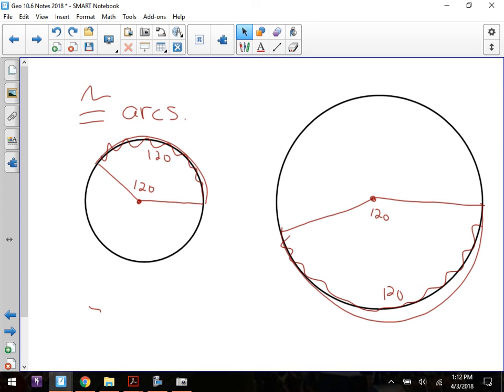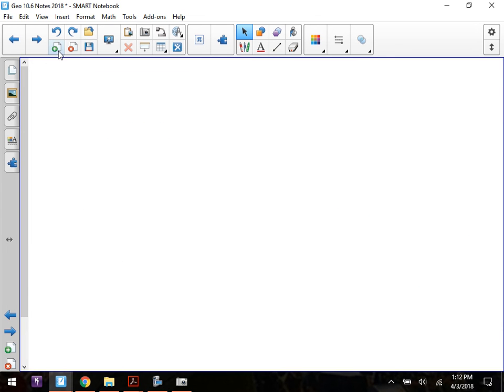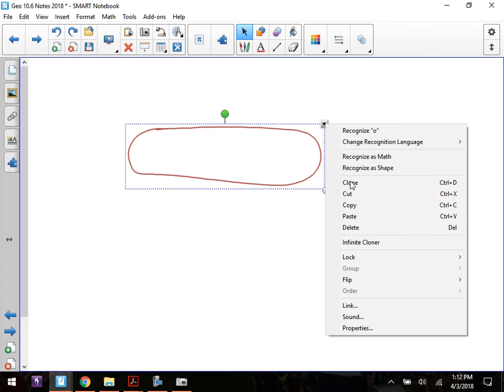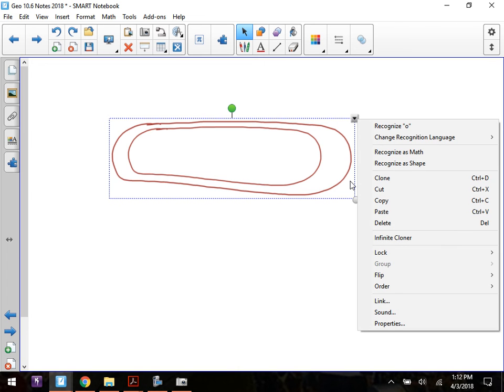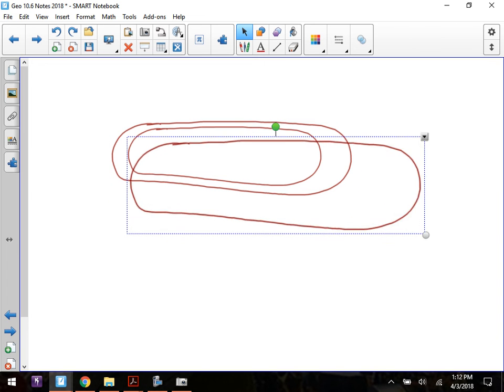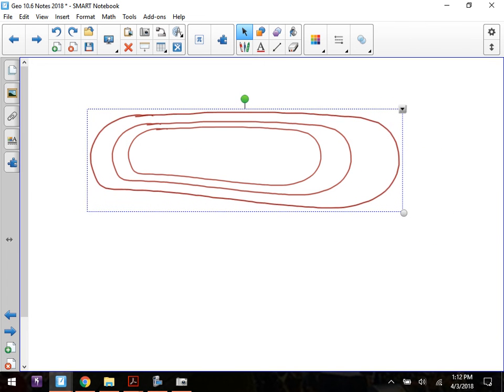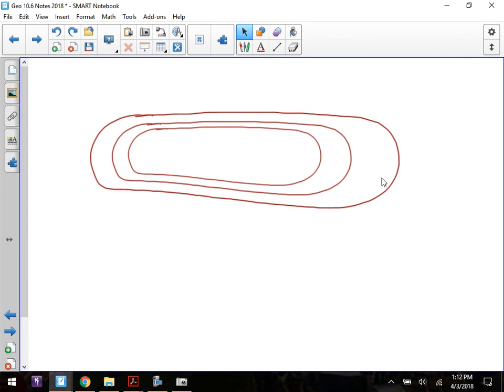Well, if you think about running on a track, each one of those lines, it's still running on a track, right?